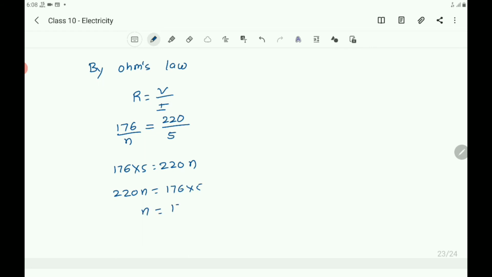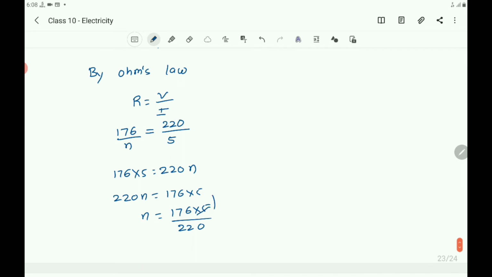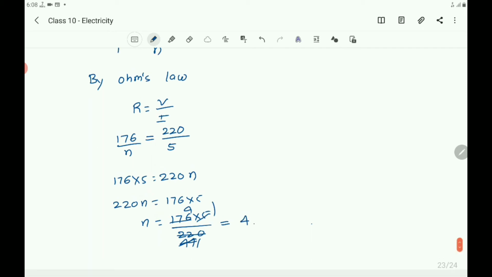So n equals 176 into 5 by 220. 5 ones are 5, 5 fours are 20, and 44 ones are 44, fours are 16, so that you will get 4. So n equals 4 resistors.